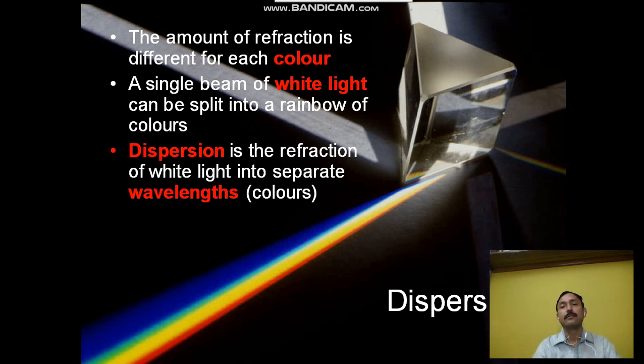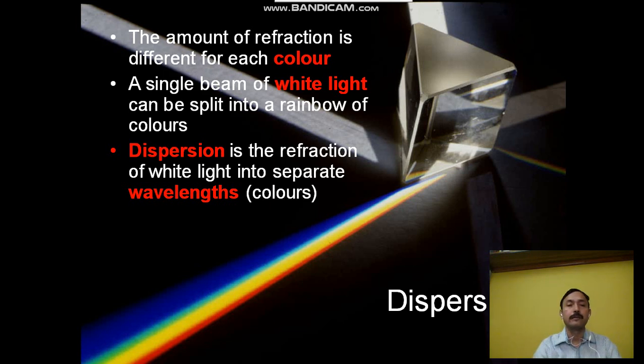When white light falls on a prism, the white light splits into its 7 constituent colors. We normally say it as VIBGYOR.